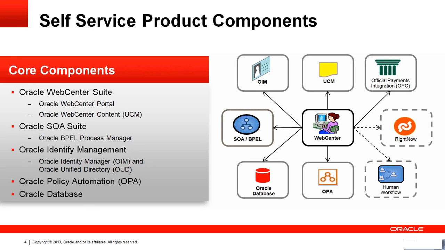We also are connected to UCM, which is Oracle Unified Content Management, a document management system that is integrated into Oracle WebCenter via Oracle WebCenter Content Manager. So when we say interact or integrate with UCM, we're doing it using the Oracle WebCenter Content component.